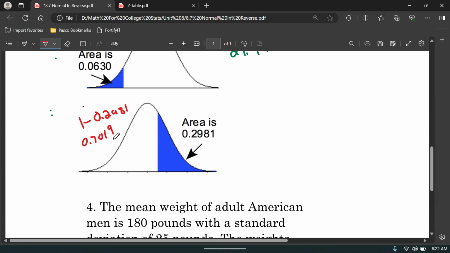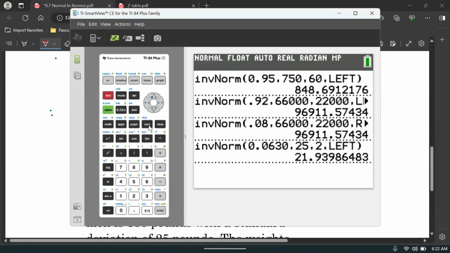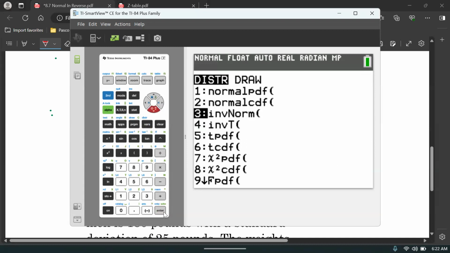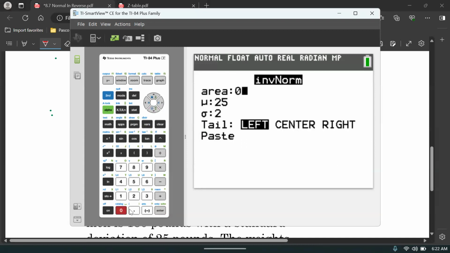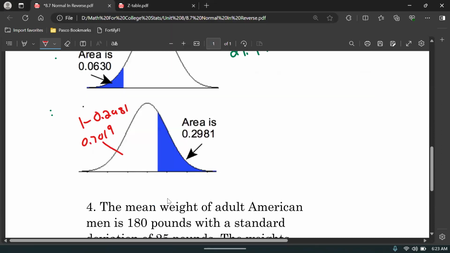So this is the area to the left. This is the area that you would use in the calculator. So if we go back to this again, second inverse norm, we can use to the left 0.7019. Same mean, same standard deviation to the left. Go ahead, paste it. We get our answer 26.06.